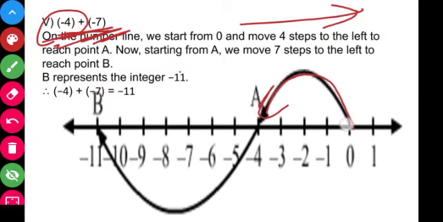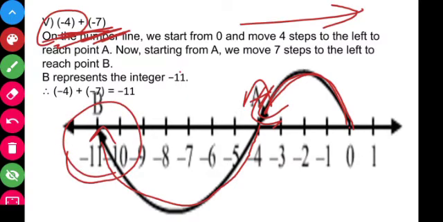So from 0 to minus 4, this is point A, and now from here you have to move 7 steps left. Then you reach minus 11.